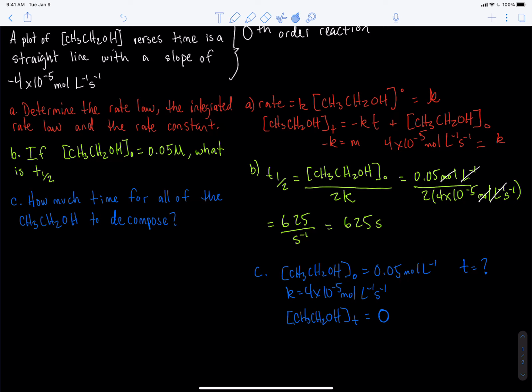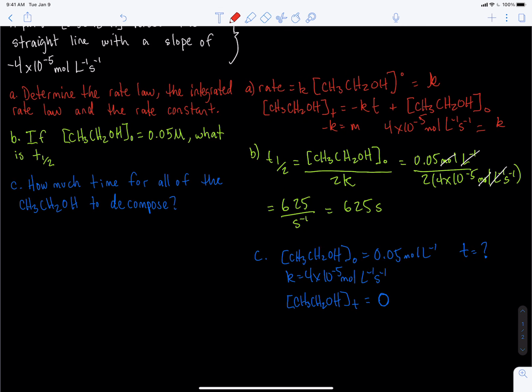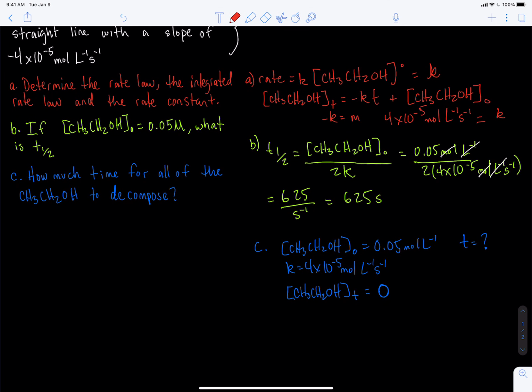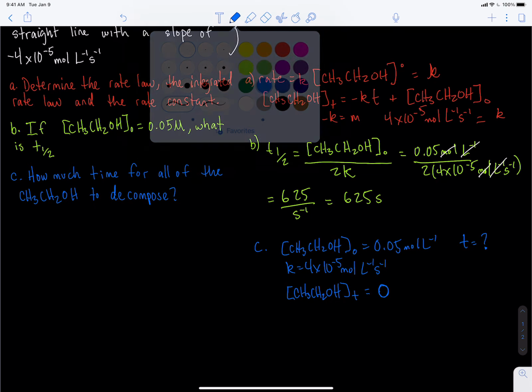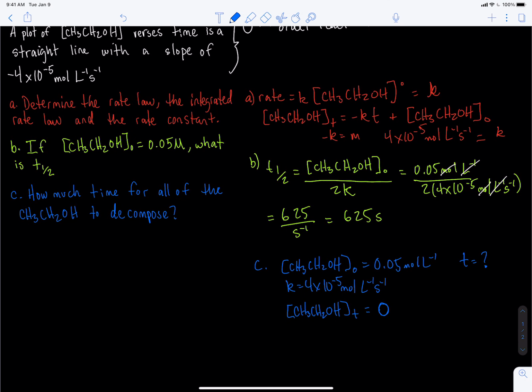So here, I think it makes sense to always solve for the variable before you start plugging numbers in. So you want to rearrange that equation. Let me go ahead and move this over to make a little bit of room.